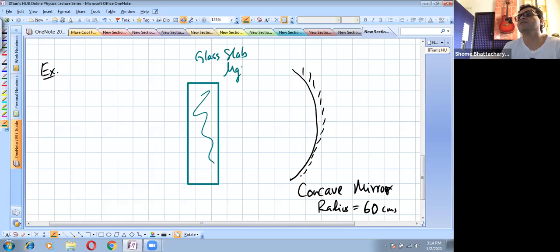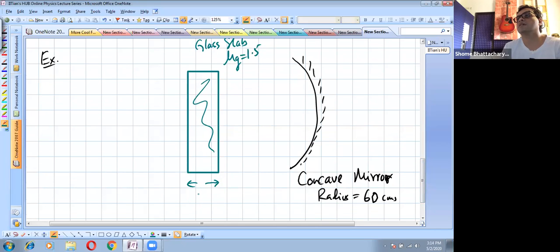The refractive index of glass is 1.5, and the thickness of this slab, let us say, is 10 centimeters. Now also, from the pole of this mirror to this slab, this distance is given to us as 40 centimeters.